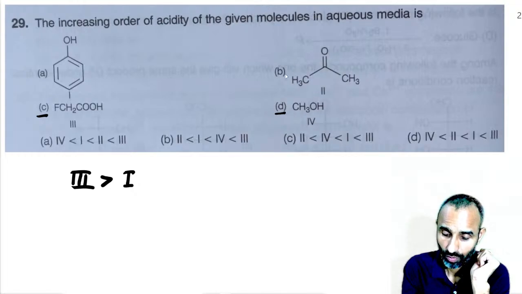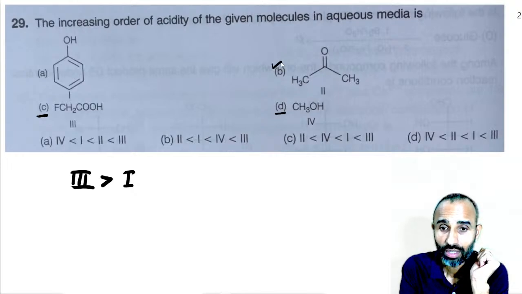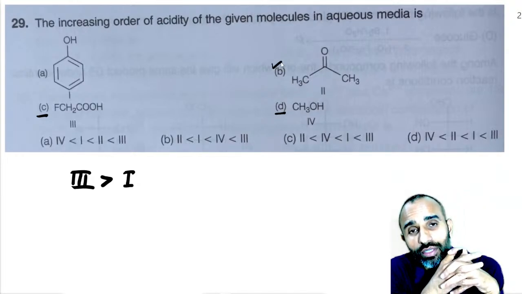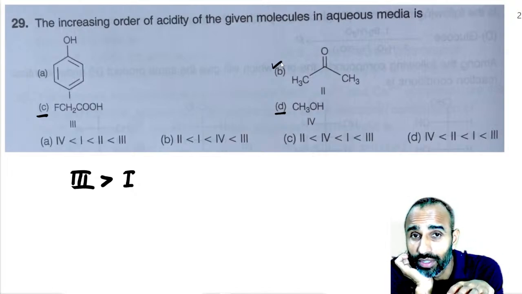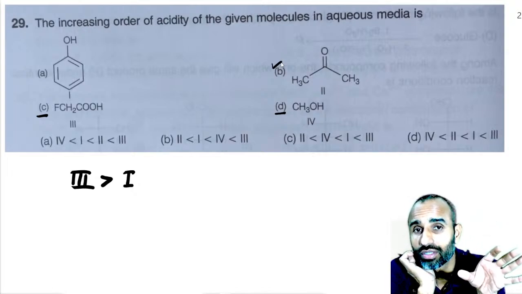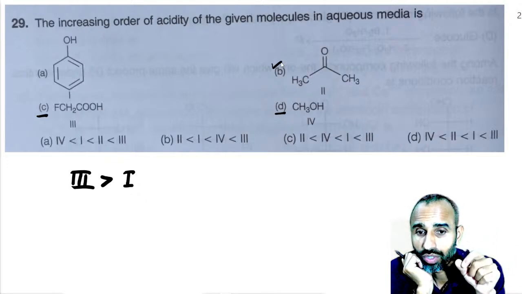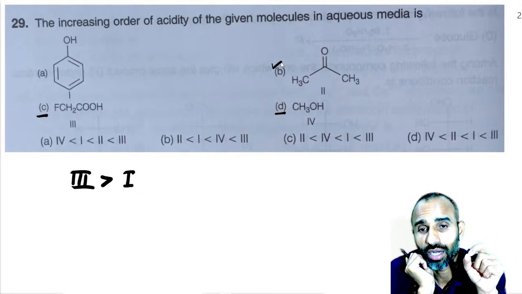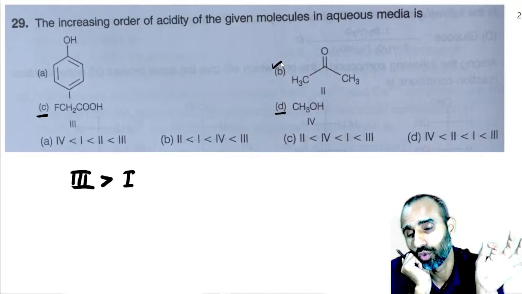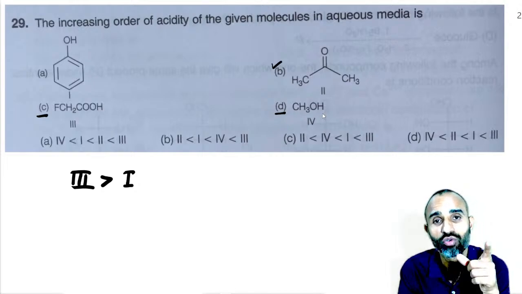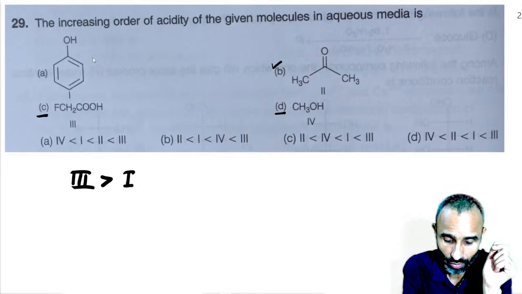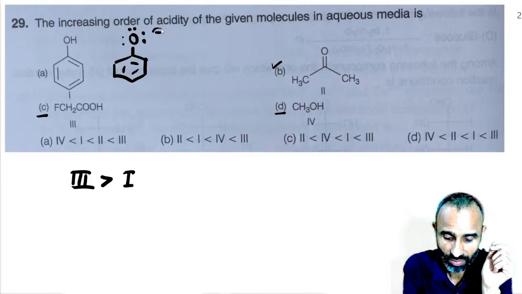In B case, hydrogen is attached to carbon. As hydrogen is attached to sp3 hybridized carbon, it is least acidic, because the bond is almost non-polar. But in D case, hydrogen is attached to oxygen, and in phenol, when phenoxide ion is formed, it is resonance stabilized.